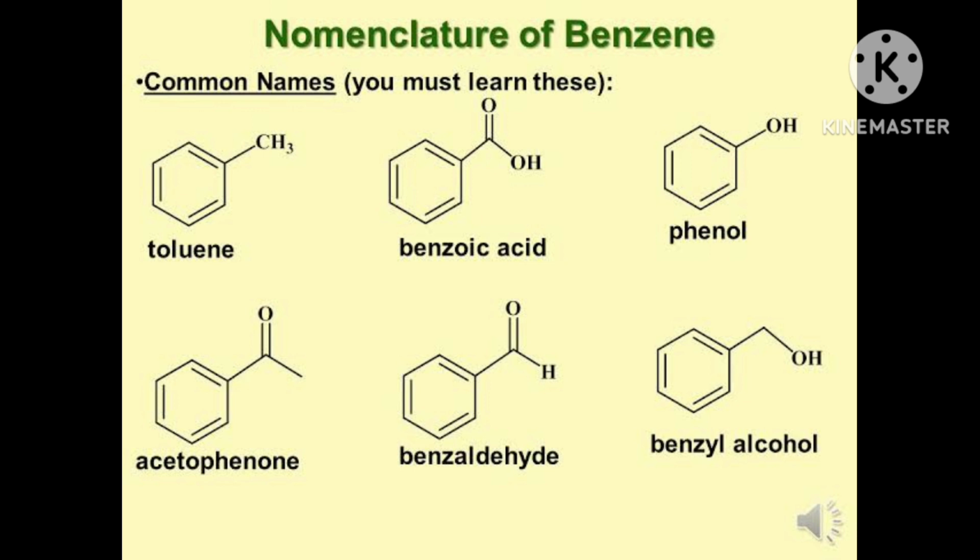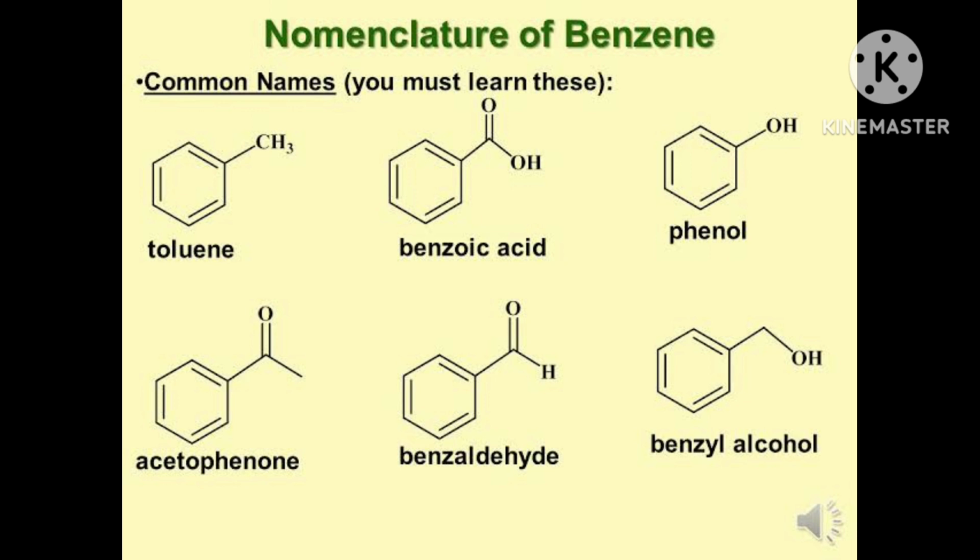Suppose now more than 2 groups are there, that's why it is tri, or maybe higher also, 4 also, 5 also, then how will you do the nomenclature? For tri or higher substituted benzene derivatives, these prefixes cannot be used, and the compounds are named by identifying substituent positions on the ring by following the lowest locant rule. Lowest locant rule, L-O-C-A-N-T, location.